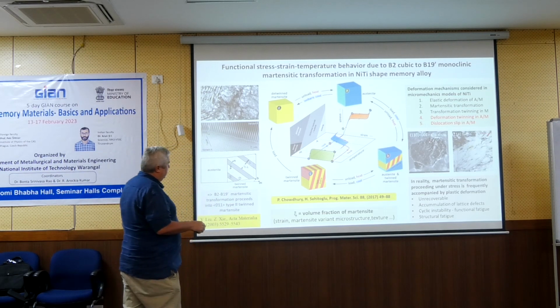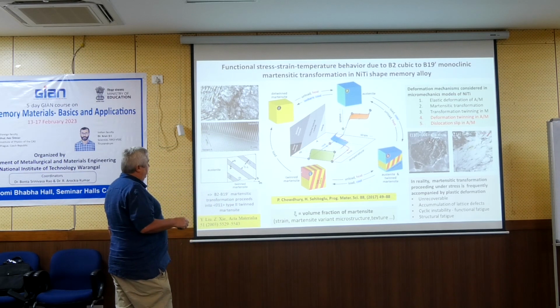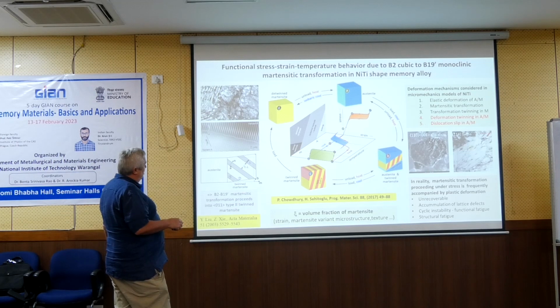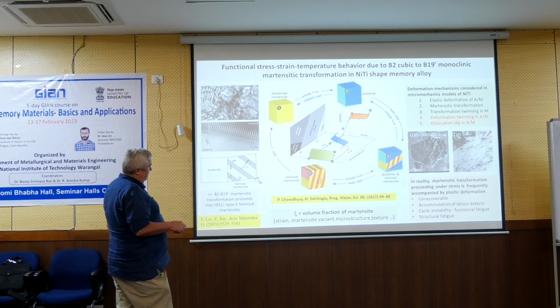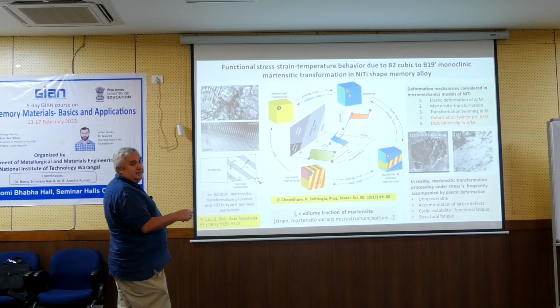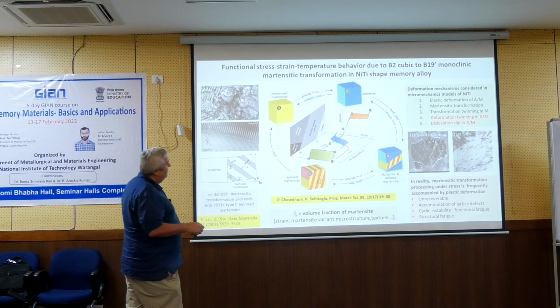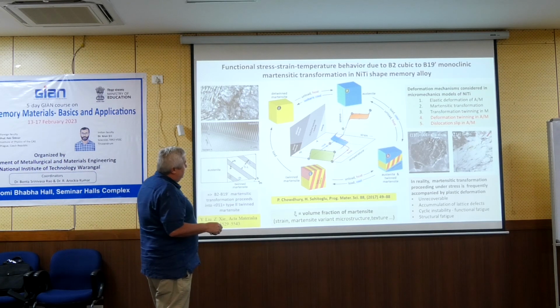If you cool still more, you will get this twinned martensite, and if you load still more, the red will disappear, you will get only austenite, and if you unload, you will be back in the austenite. So from B to C, we are loading as well as heating. Either load or heating, you will get it.